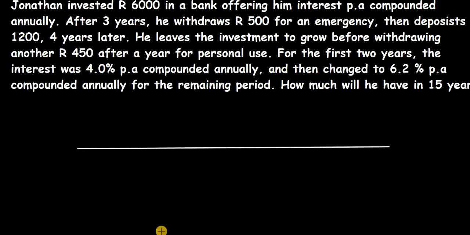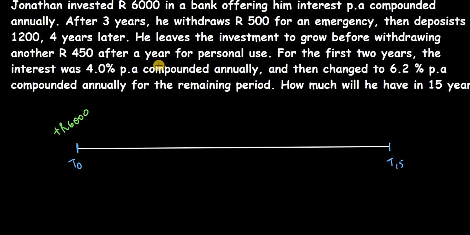I'm just gonna draw my timeline again and then simply say that we start here on T0 all the way to T15, right? Now, like I said, it's just the same thing. So he invested 6,000, so we can put 6,000 rands here, and then it grew, right?